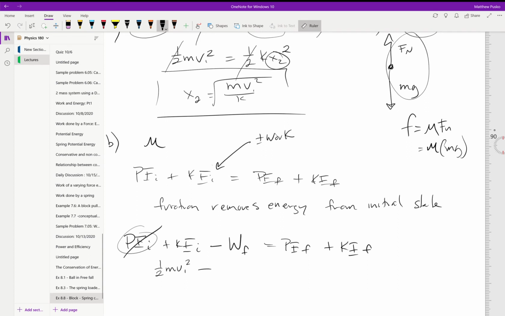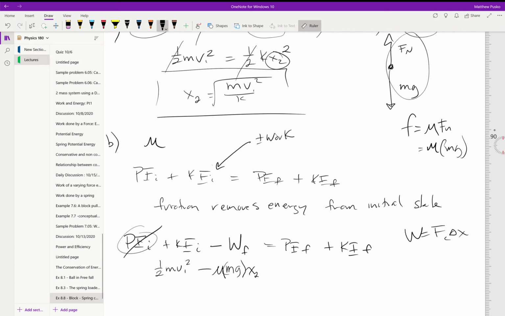What's the work of friction? Well, the definition of work, for a constant force, is F times the change in position, or the displacement. We would get a negative mu times the normal force times that distance x.